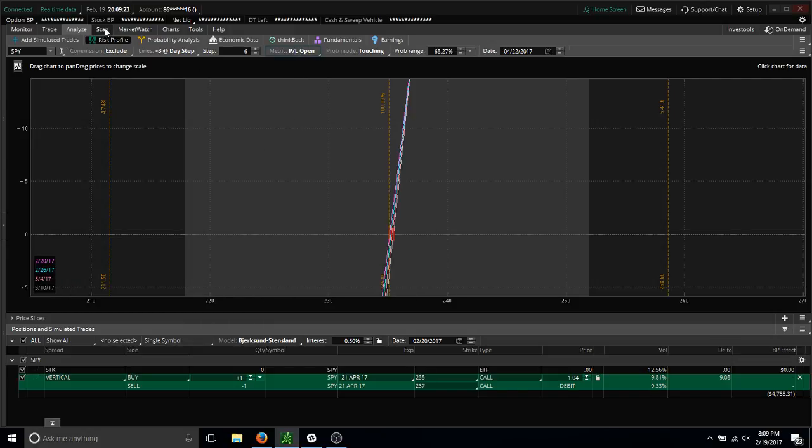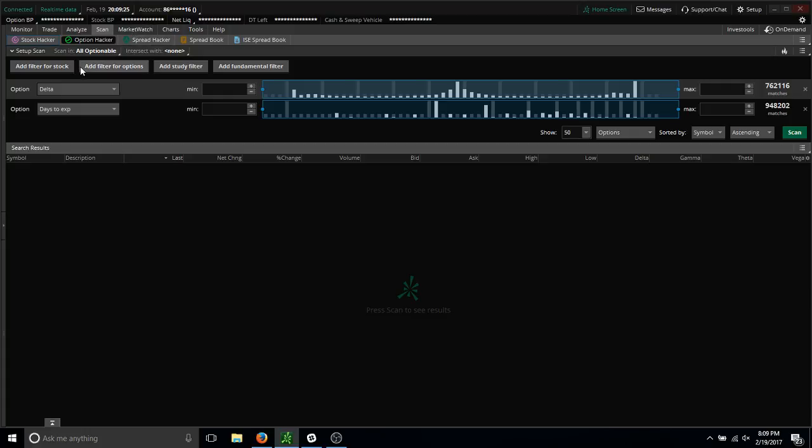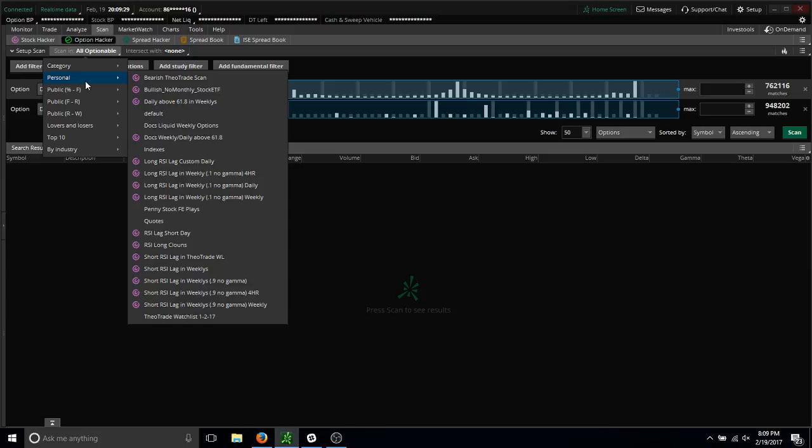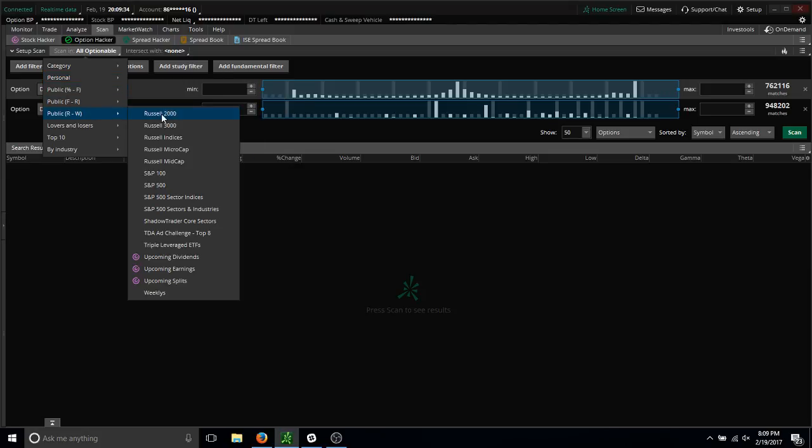Let me show you how I kind of set up my scans. I'm scanning in this weekly category.